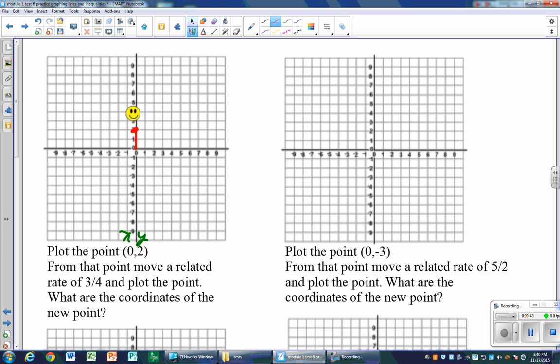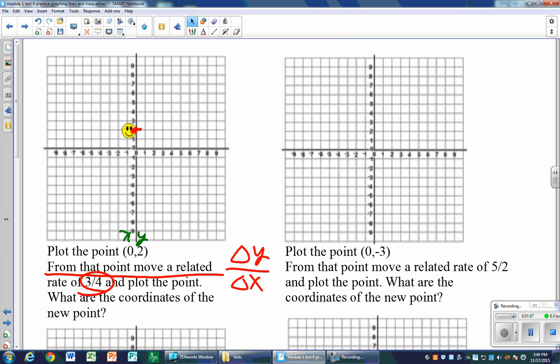So here I am above the x, which is 0, and I am at level with the y value, which is 2. That is plotting the point 0, 2. From that point, move a related rate of 3/4. Related rate is your change in y over change in x.